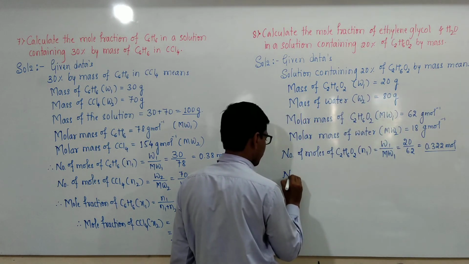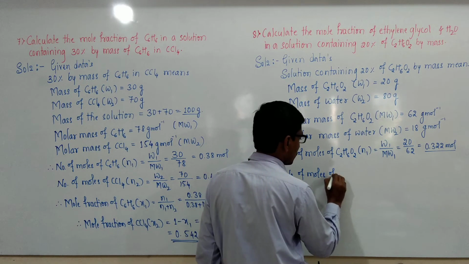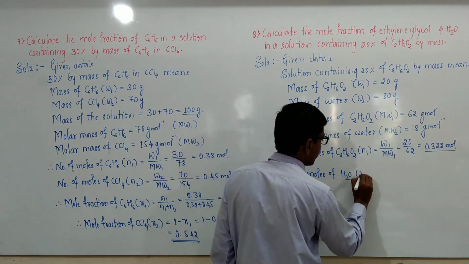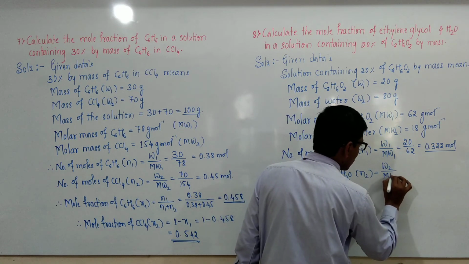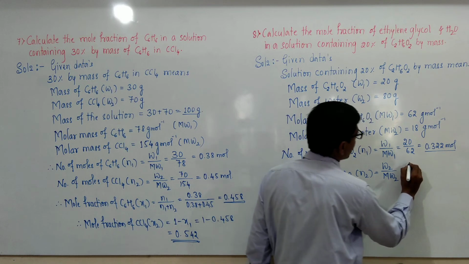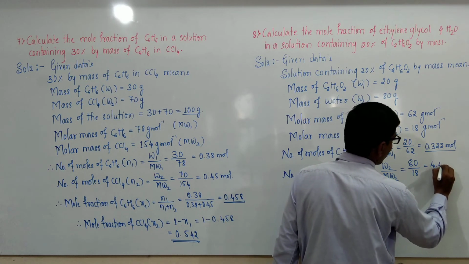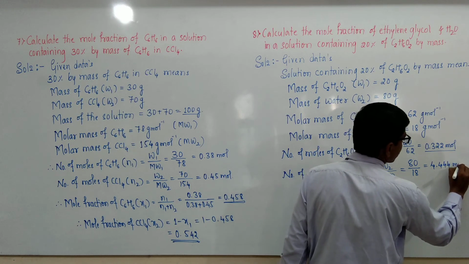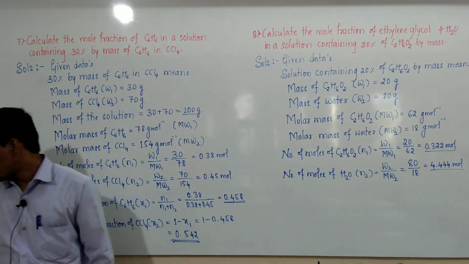Then the number of moles of water, that is N2, is equal to W2 by MW2, which is 80 by 18. This is 4.444 moles. These are the numbers of moles.